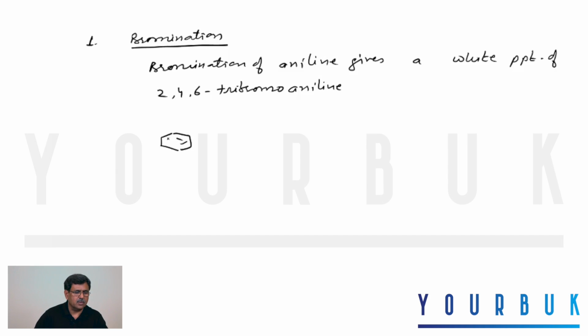It consumes 3 molecules of bromine to give 2,4,6-tribromoaniline. It is a white precipitate.